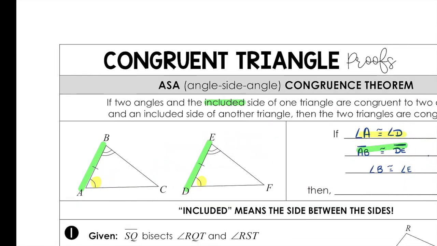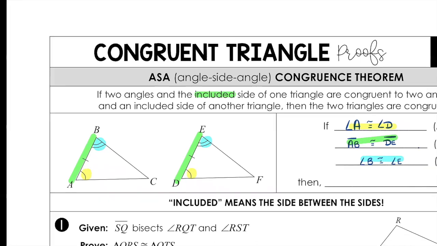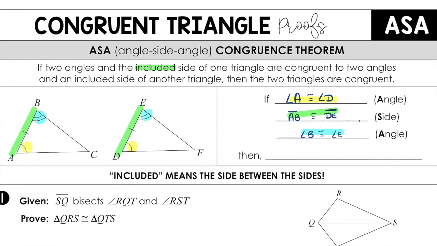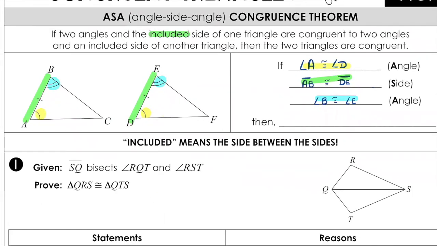And then our other pair of congruent angles, B to angle E. Is our green congruent side touching both of our congruent angles? Yes. So our congruent side must be touching both of our congruent angles, as long as that holds, then our triangles are congruent.